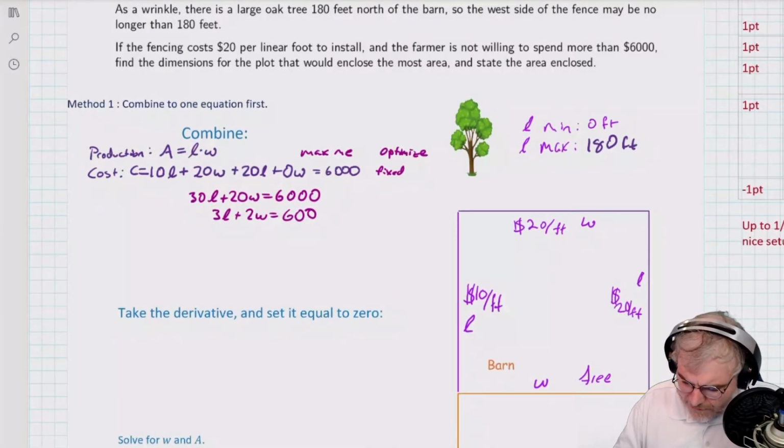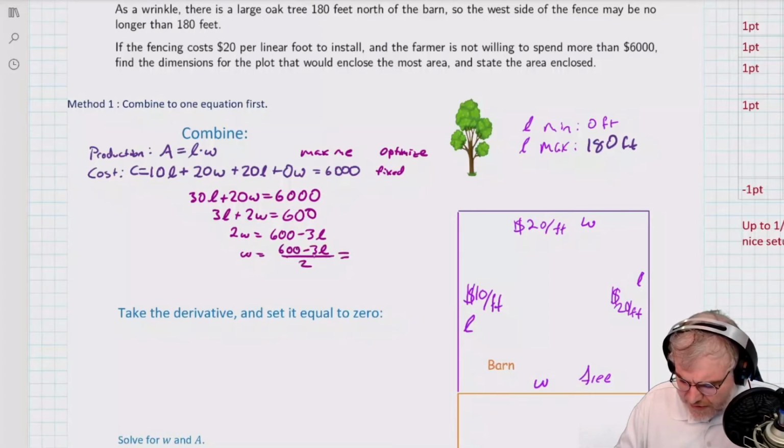So my problem now is I want to solve this here. So I'm going to toss that in there and I get A. So this right here gives me 2W equals 600 minus 3L. So this is going to give me W equals 600 minus 3L over 2.